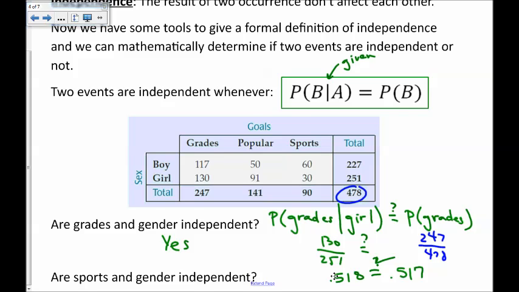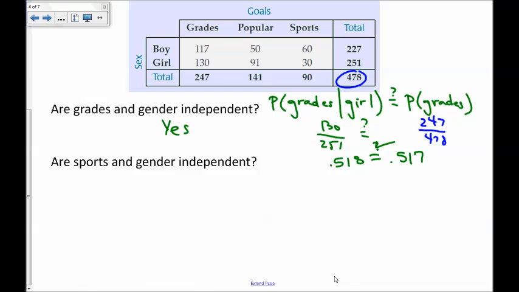Next example: are sports and gender independent? Again, we will look at the probability of sports given gender, and I'll again pick girl, equal to the probability of sports.